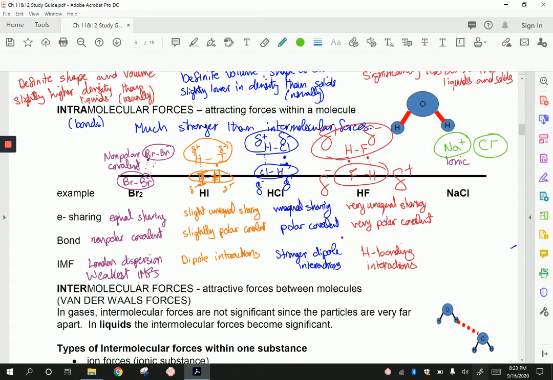The sodium gave away its electron to the chlorine. So we have extreme unequal sharing that is giving, or let's say losing and gaining electrons instead. Losing, gaining of electrons. No more really sharing. And we would say that this is an ionic bond, ionic intramolecular force.